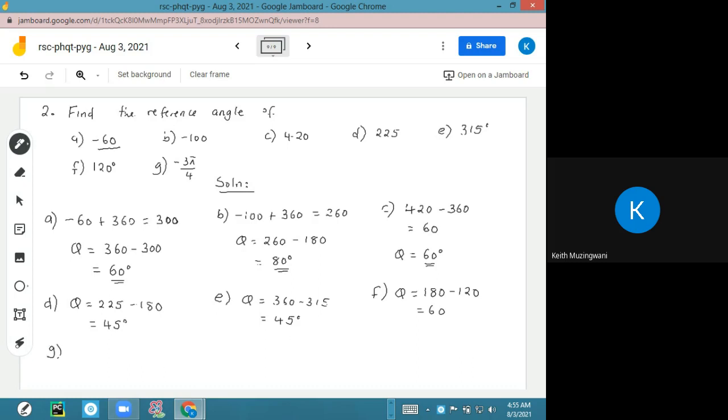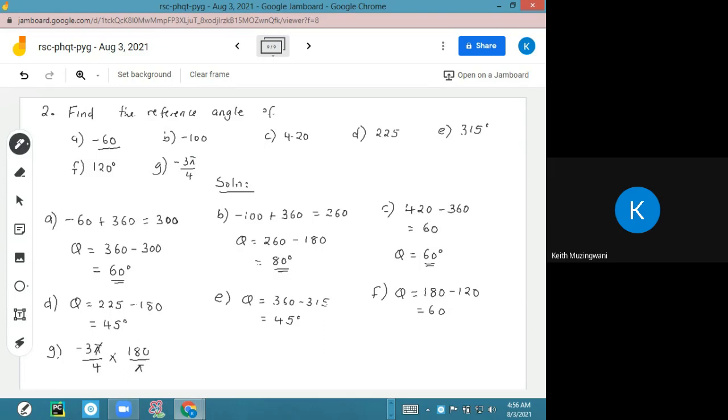Now we are dealing with negative 3 pi over 4. I can't really tell whether this falls in the first, second, or fourth quadrant. But again, it's negative. What value is it? I can decide to change it to degrees and work with 180 over pi.